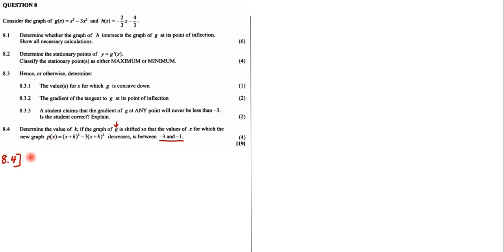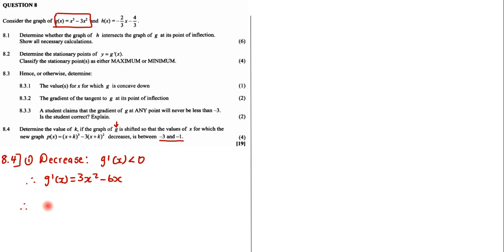In order for our graph to decrease, its first derivative needs to be less than 0. Because I can see my equation there, I can say that my derivative is 3x squared minus 6x.